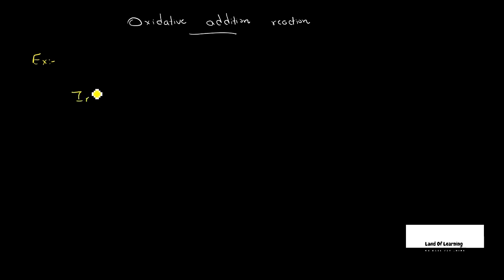We have an iridium metal center, with PPh3, and another PPh3, and we have a carbonyl, and let's take another carbonyl. Okay, now I'm going to react it with hydrogen gas. So this is our reaction.